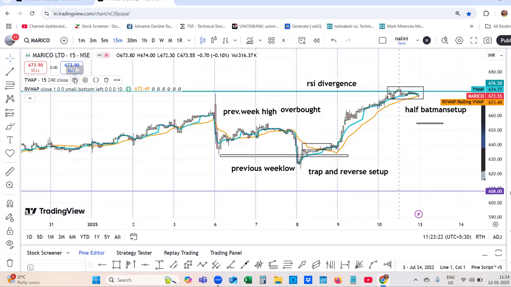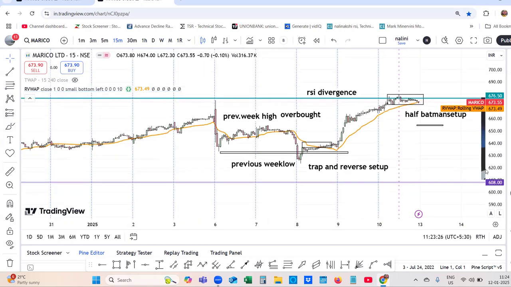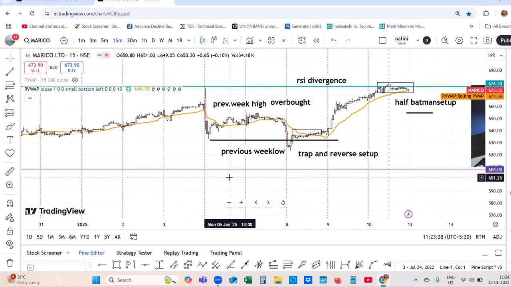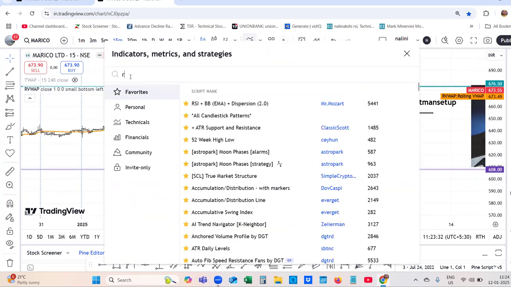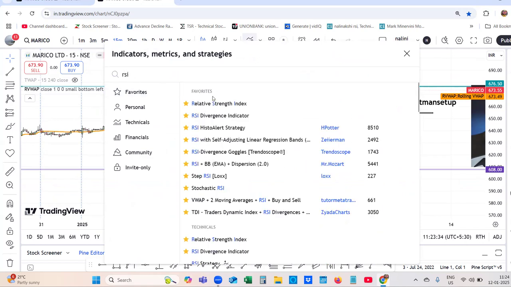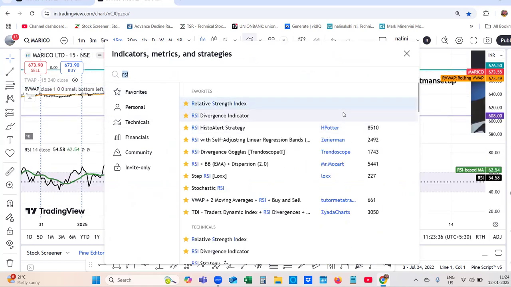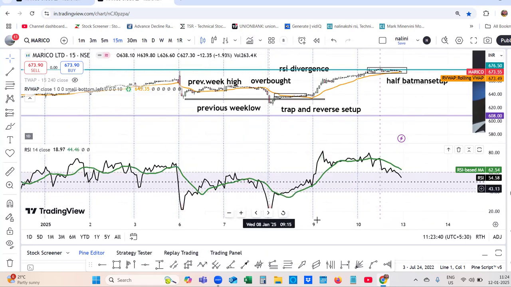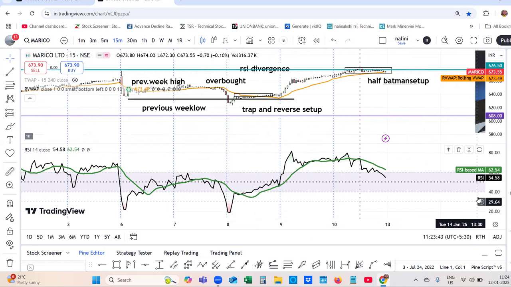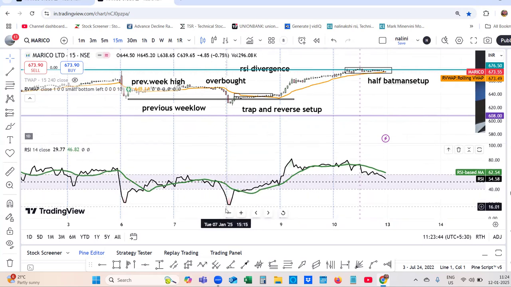Let me disable this time-weighted average price and show you the RSI. What has happened to the RSI? You can see a steep drop, with the RSI moving to the 17 reading almost.